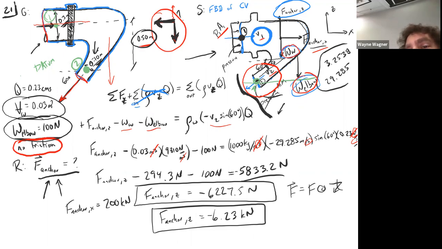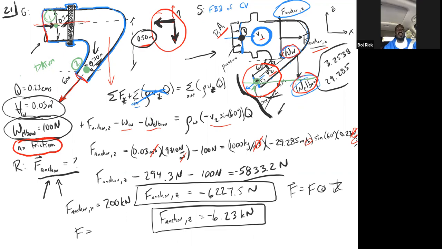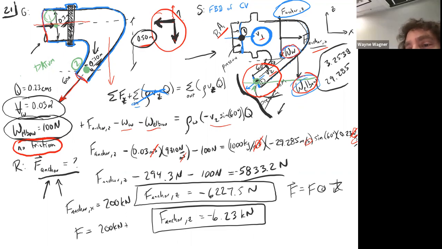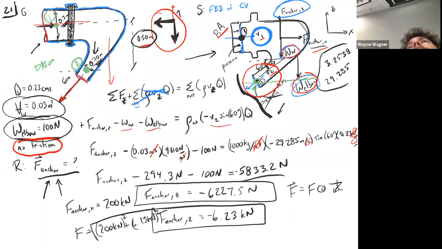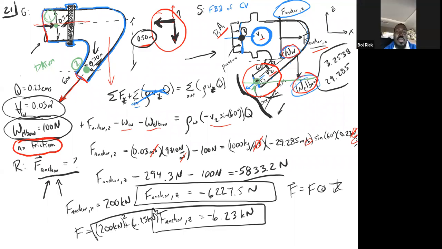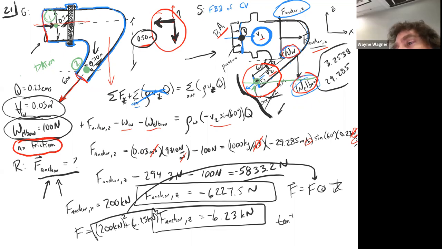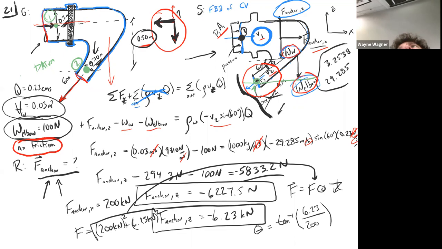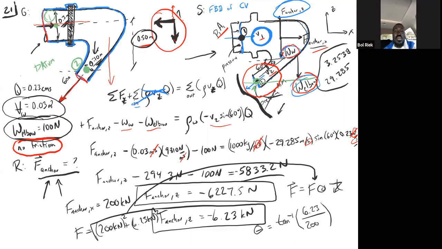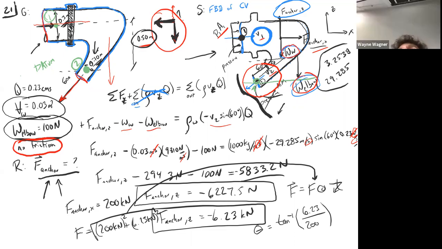So you would say the magnitude of F is the square root of 200 kilonewtons squared plus 6.23 kilonewtons squared. So that would go right here. And then for your angle, you would go tangent of 6.23 over 200, like that. And then that angle would be measured from the line. Does that make sense, Paul?